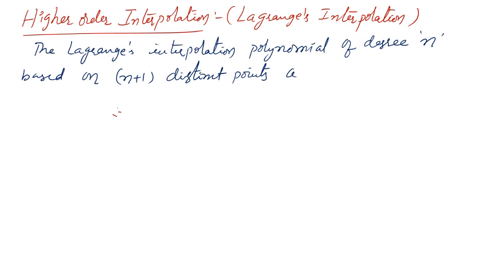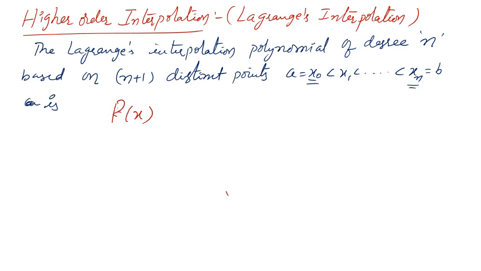What are those points? a equal to x naught less than x1 less than and so on, xn, and the last point is xn. x naught to xn, n plus 1 points are here, and the Lagrange's interpolation polynomial of degree n based on these distinct points is, what is that? P of x, one can write P n of x, okay?